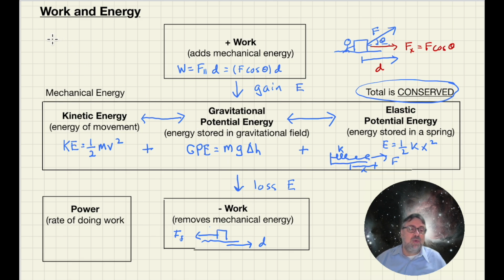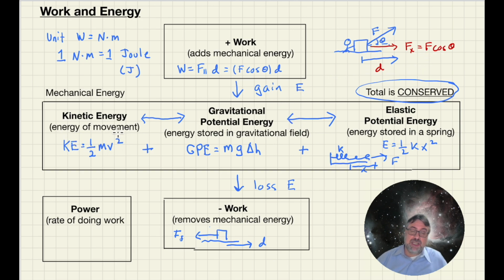Now remember, the unit of work would be equal to a Newton times a meter. But since it adds energy, we know that 1 Newton times a meter is equal to 1 joule, abbreviated J. All right, so positive work, that is the part of the force in the direction that I'm moving, will add mechanical energy.